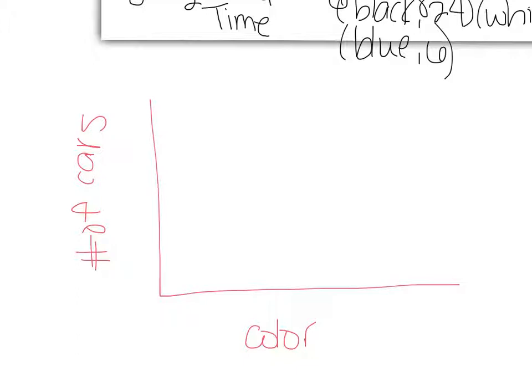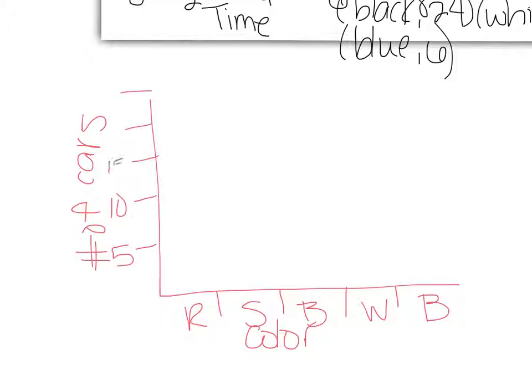Okay, my car colors, I have red, silver, black, white, and blue. And my values go up to 24, so I'm going to count by fives: 5, 10, 15, 20, 25. If you look back at your ordered pairs or your chart, the red cars had 8.